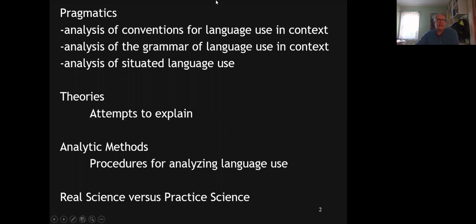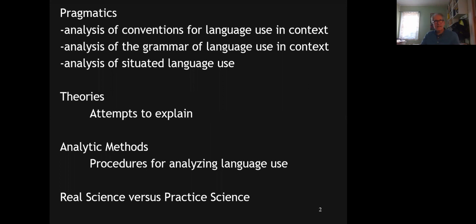Some people would call conventions for language use the grammar of language use. Some people would shorten this and just say the analysis of situated language use, so language use appropriate to a particular situation. So that's what pragmatics is.